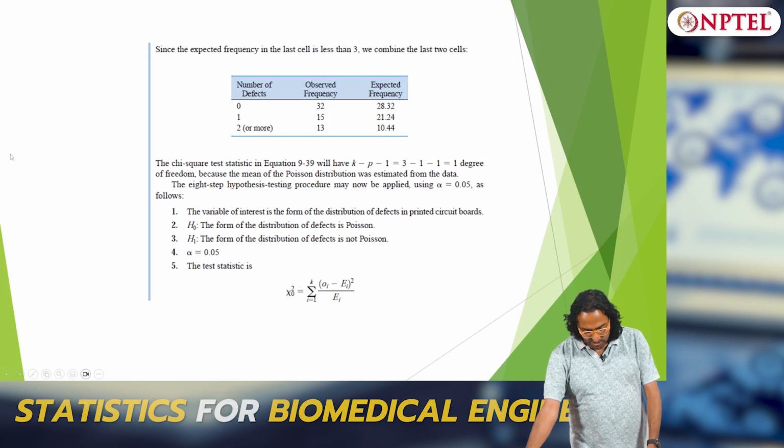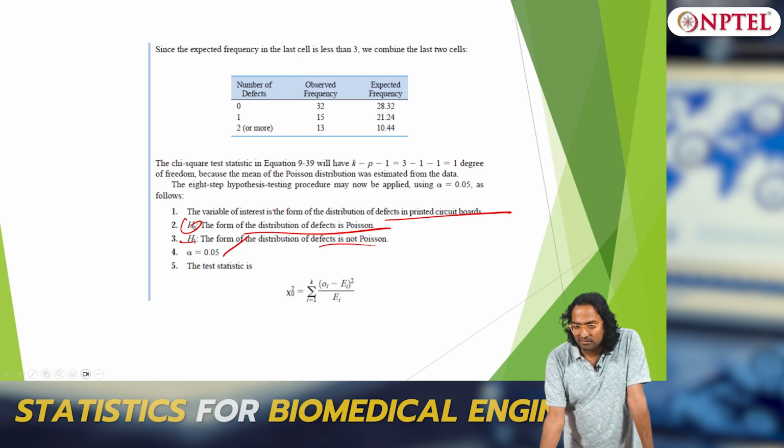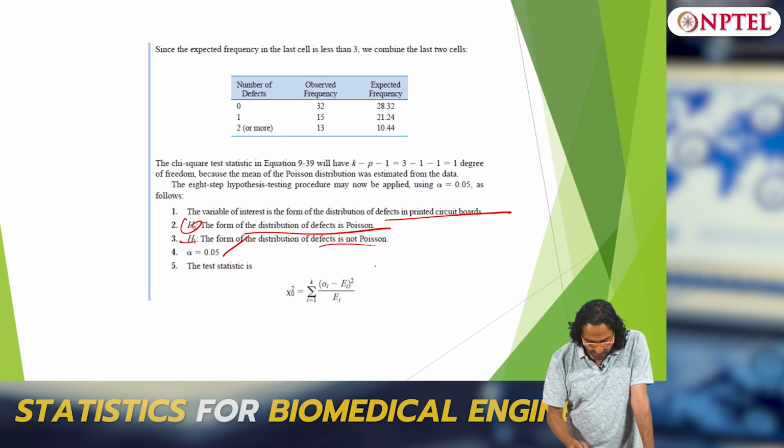What is the hypothesis? The variable of interest is the number of defects. H0 is Poisson; H1 is not Poisson. With 95% confidence, what is the test statistic? Chi-squared: the sum of squared deviations, observed minus expected, the whole squared, divided by expected. This is nothing but goodness of fit. That is why it is called goodness of fit.